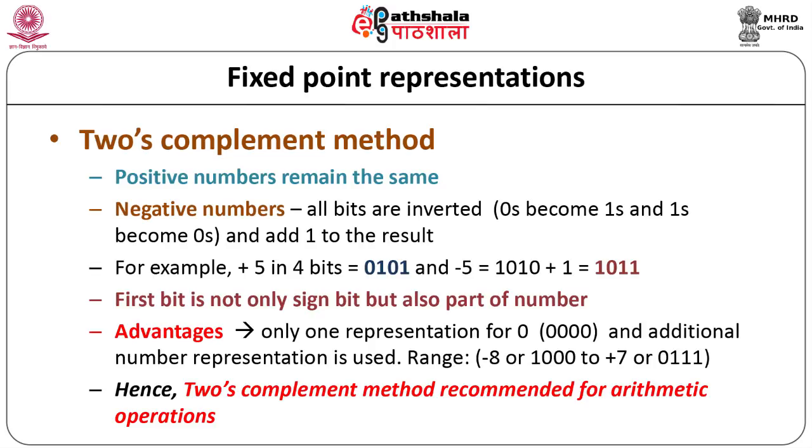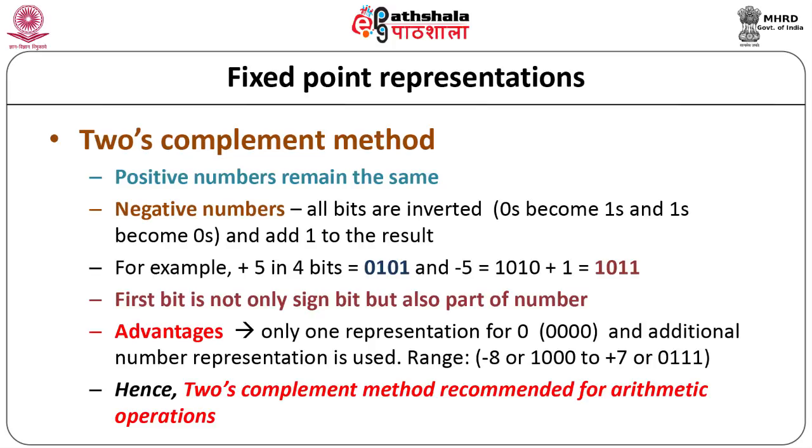Note that the first bit is not only a sign bit but also a part of the number. There are 2 advantages. First, there is only one representation for 0, 0000, and second, one additional number can be represented using the twos complement method.